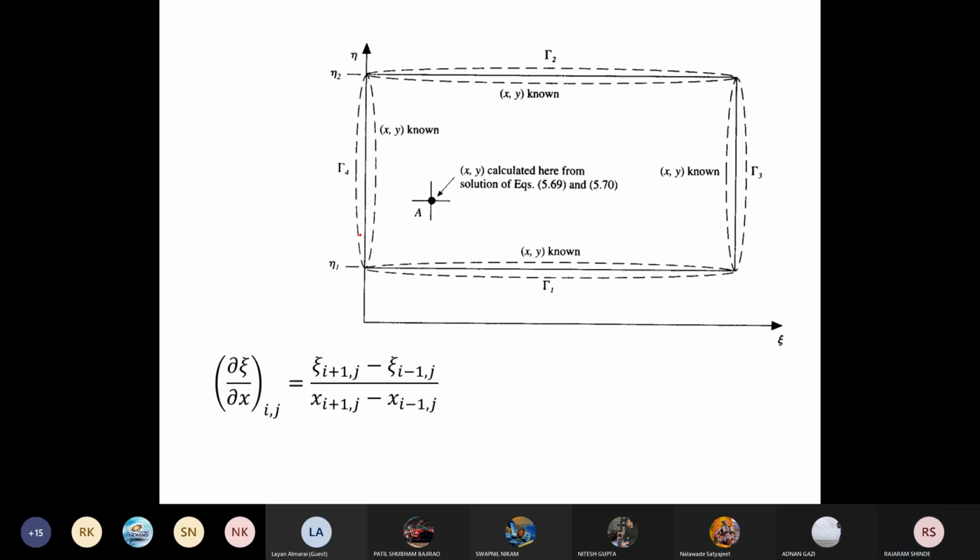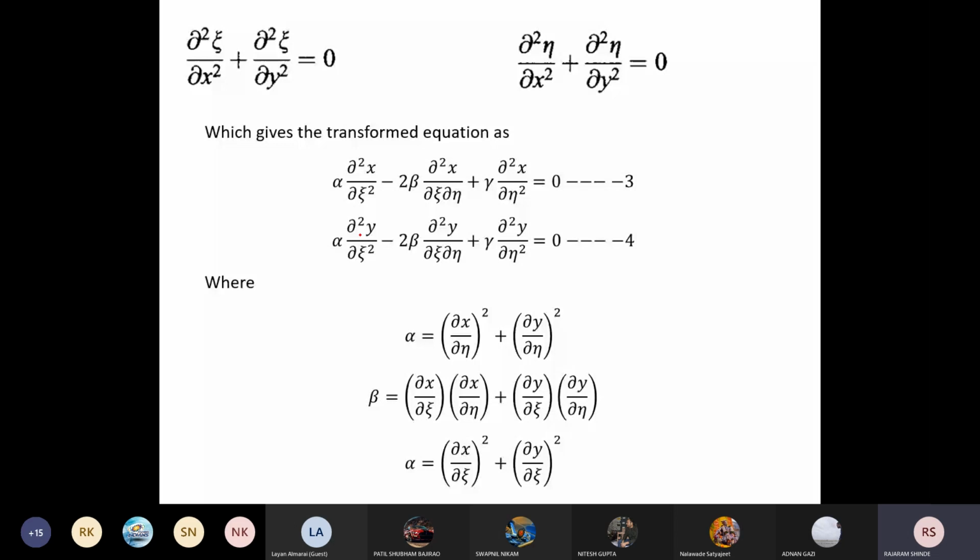Now, if we consider the above equations, if we specify x and y along the boundaries gamma 2 and gamma 1, we only need to specify the same boundary conditions on gamma 3 and gamma 4 to get a properly posed problem.